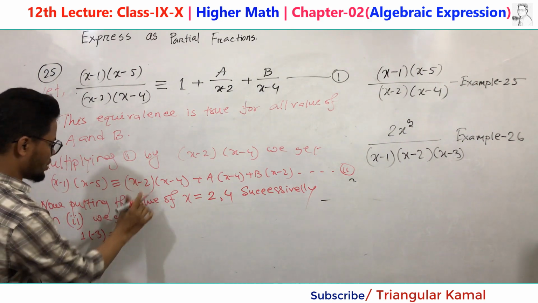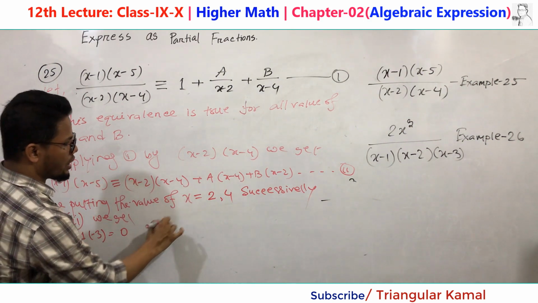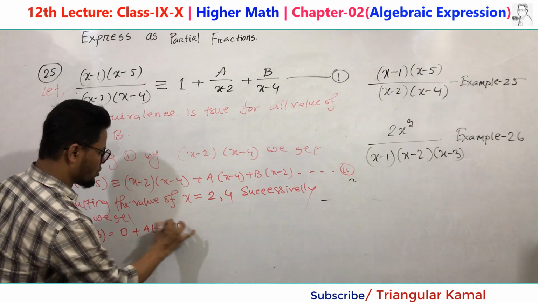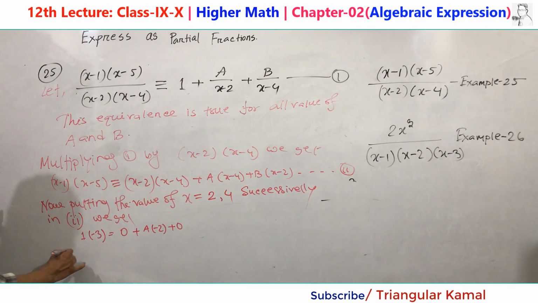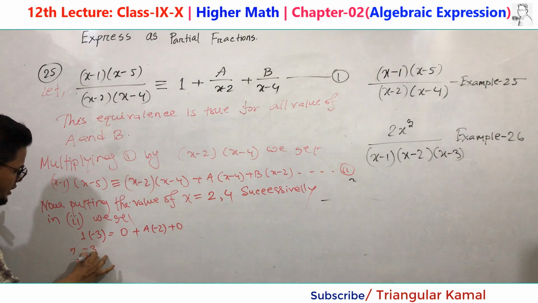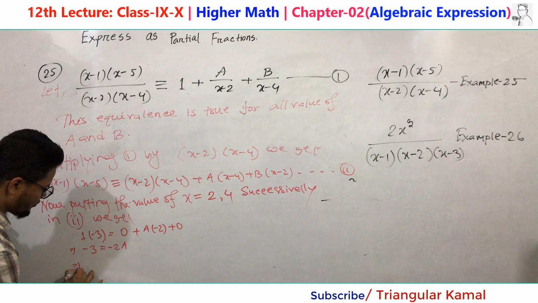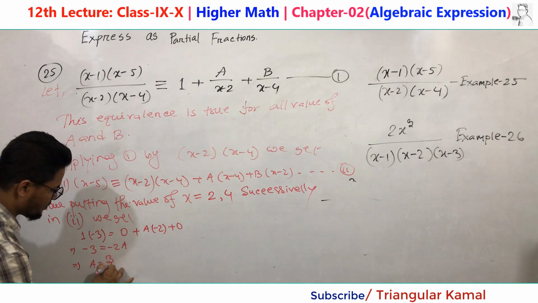If we apply to this one, it will be 0, and there will be A with minus 2, and this is also 0. So now the value of minus 3 equals minus twice A. So the value of A will be 3 by 2.